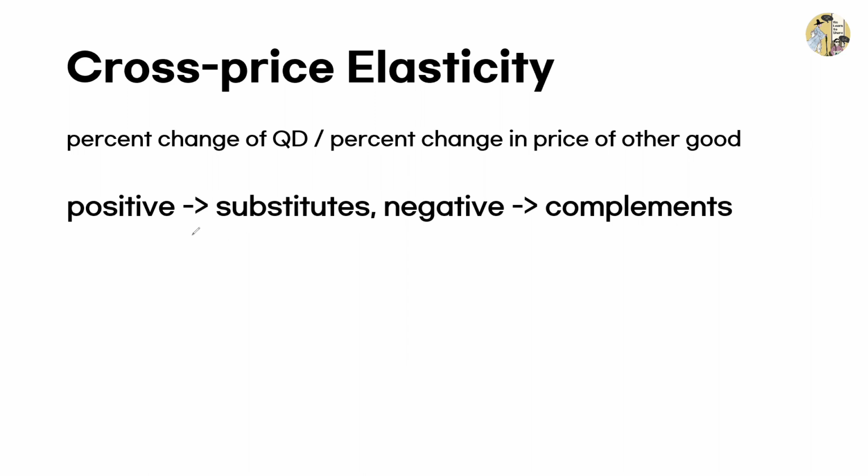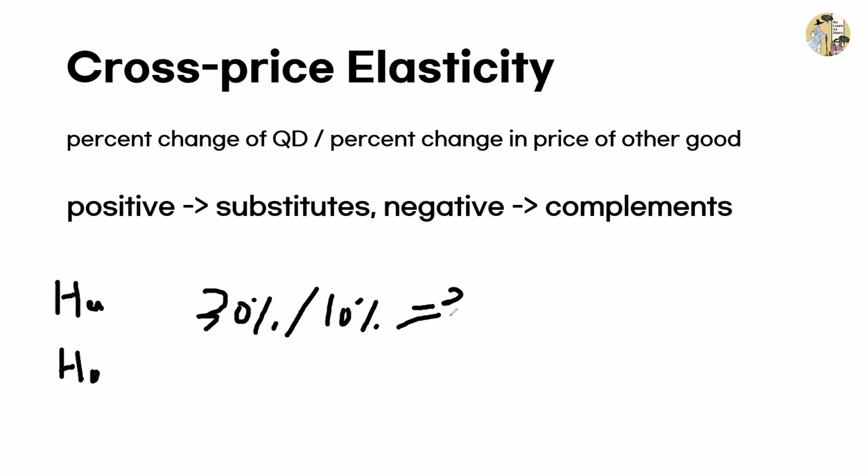So let's just take a quick look. Look, hamburger, hot dog, these two are obvious substitutes. And let's just say that people bought 30% more hamburgers when the price of hot dogs increased by 10%. You calculate the value, you can see a 3.